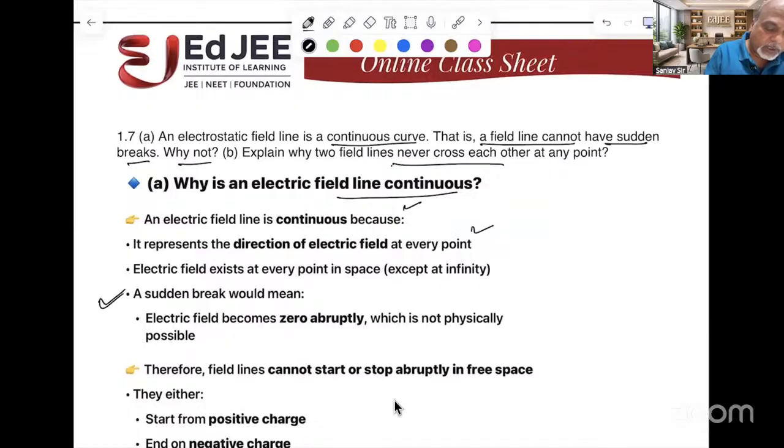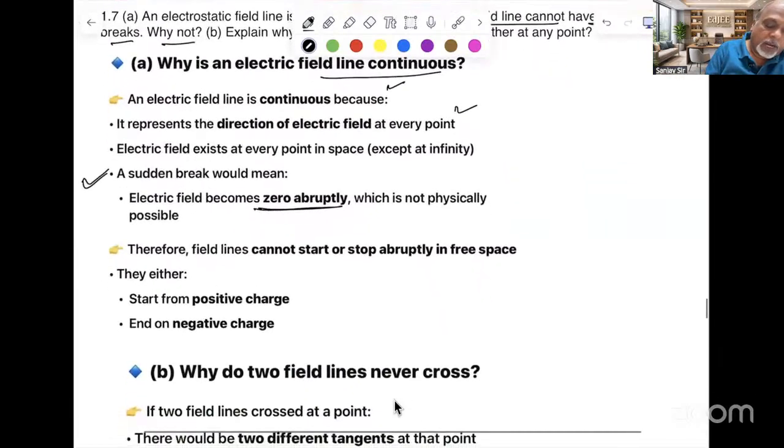Why is a sudden break not there? Because along the field lines the electric field varies, and if there is a sudden break, that means the electric field at that point would also change abruptly, which is not possible. Field lines cannot start or stop abruptly in free space.